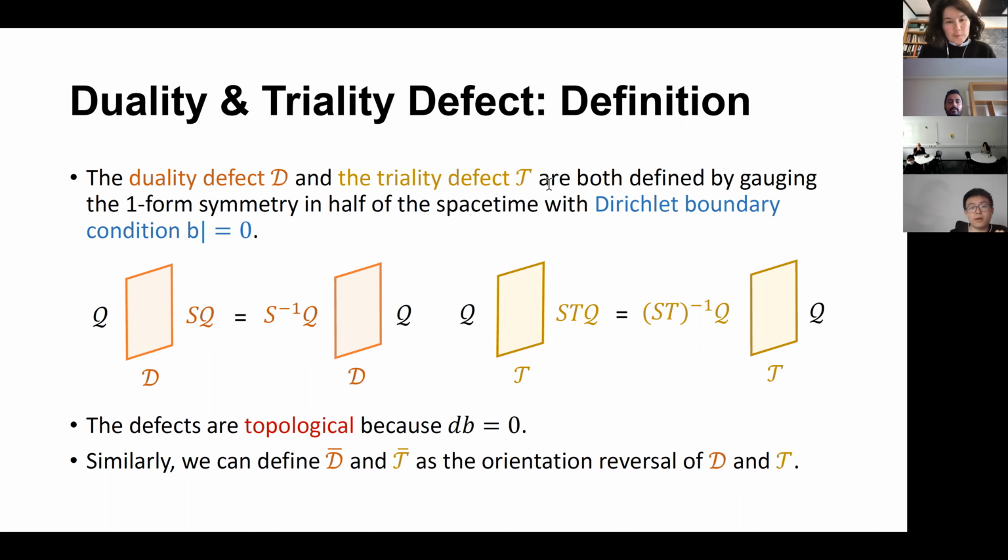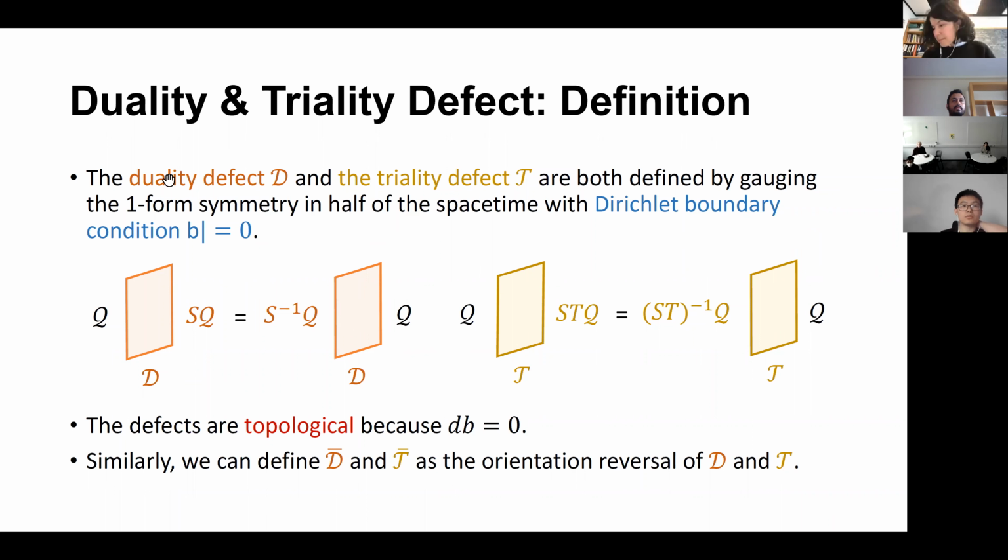In fact, they are topological defects. The reason why they are topological simply follows from the fact that the Z2 2-form gauge fields are flat. If we impose Dirichlet boundary conditions on some interface, we can just deform this interface, and because the gauge fields B are flat, deforming the interface will not change the boundary condition.